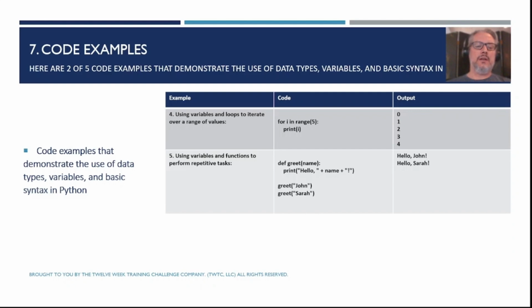Now let's look at example 4, which is a for loop, for i in range 5. We haven't looked at this before, but when you're saying in range 5, print i, the computer knows the index, which I mentioned before, always starts at 0.